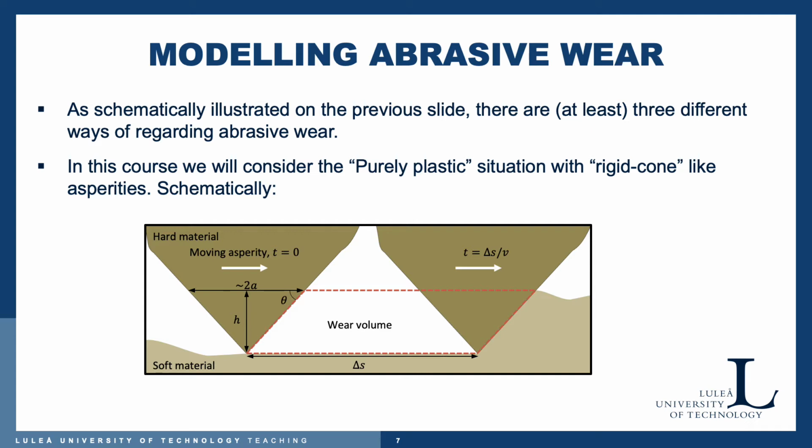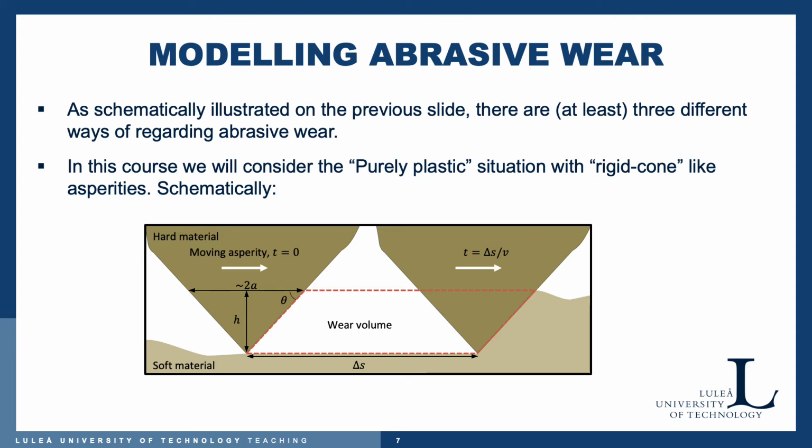As in the figure below, we have a cross section of that rigid cone, assumed to be a hard material, and we have a soft counter material, and we just plow through that material and generate the wear volume here, in dashed red, as it moves in time from t0 to t1, a distance delta S over V.